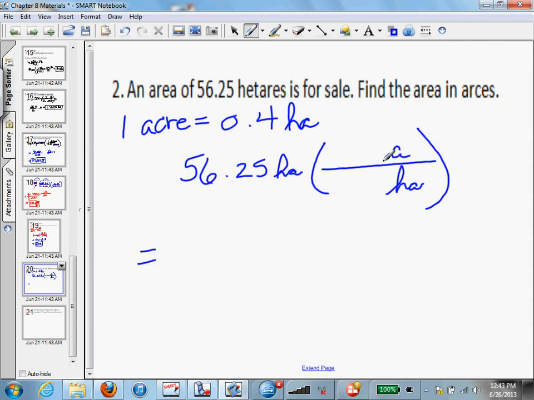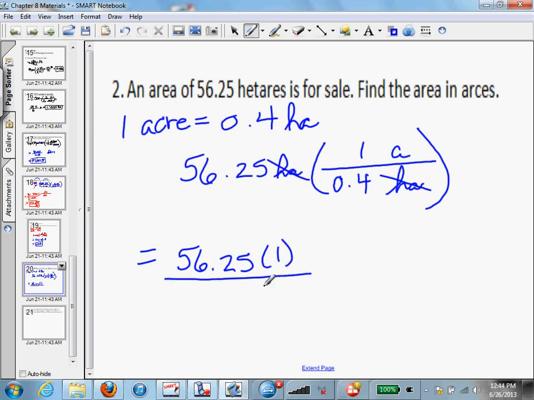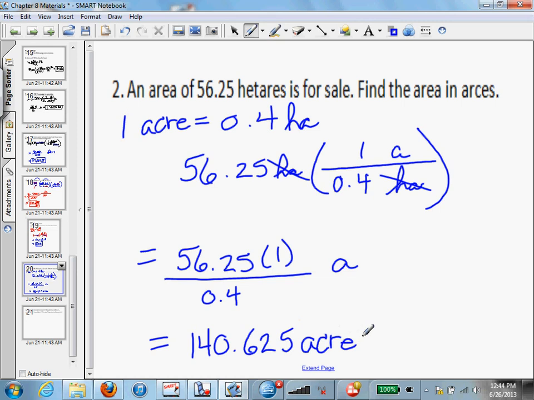And how many hectares in 1 acre? 0.4. So we multiply across, we have 56.25, knowing that these cancel out, times 1 on top, divided by 0.4, leaving with the dimensions of acres. And you simplify that, you should get 140.625 acres.